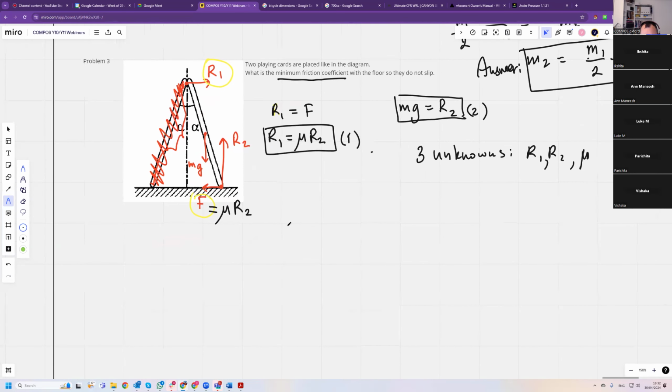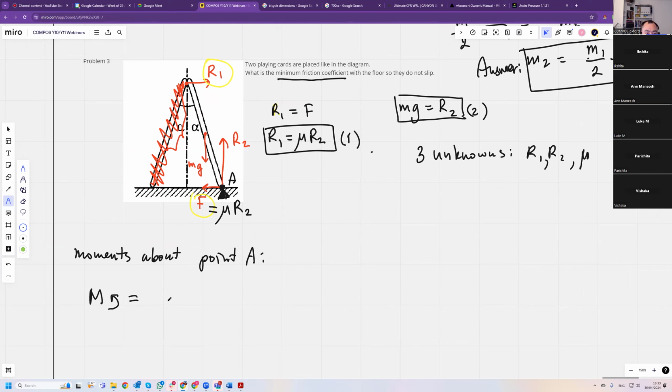To get the third equation, we are going to use the moments around this bottom point. Moments about point A. So around point A, which force is attempting to rotate the card anti-clockwise?